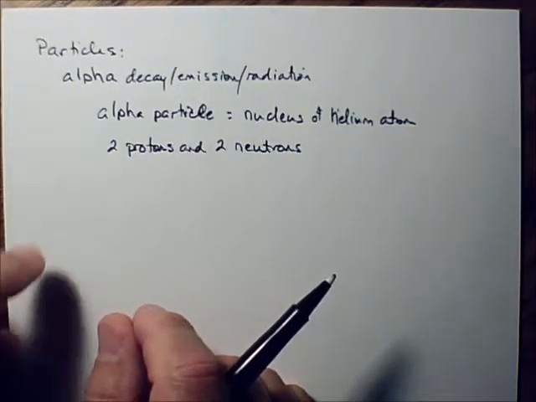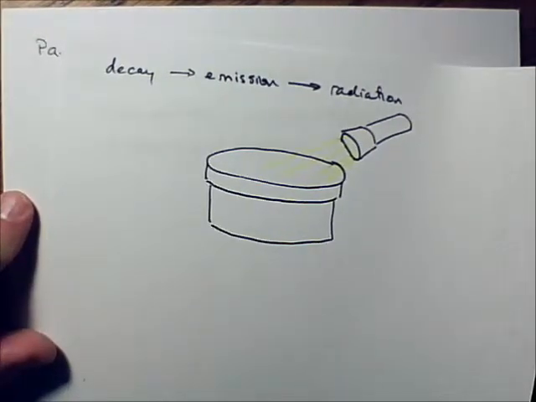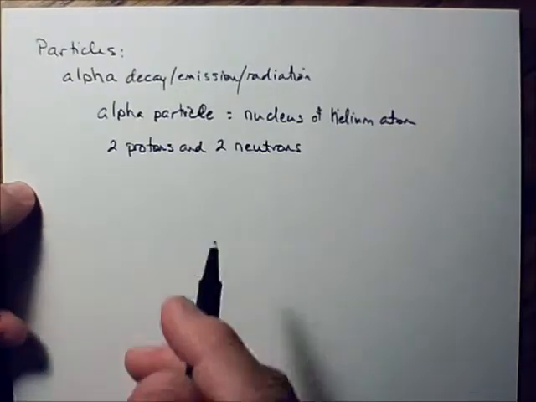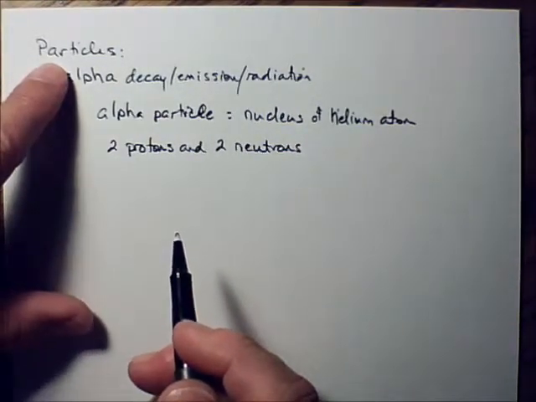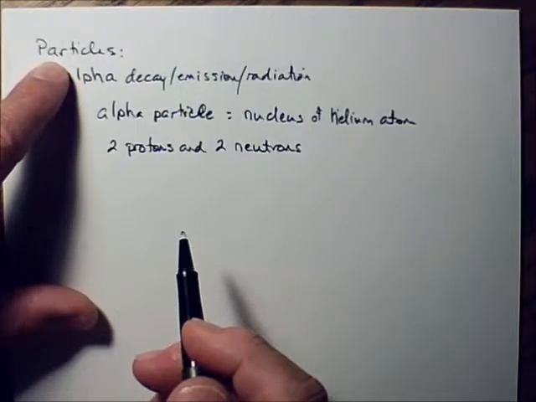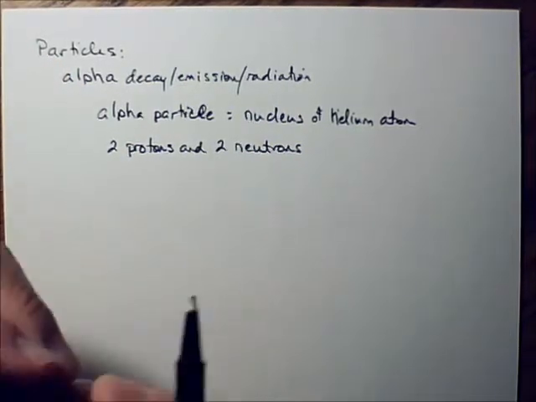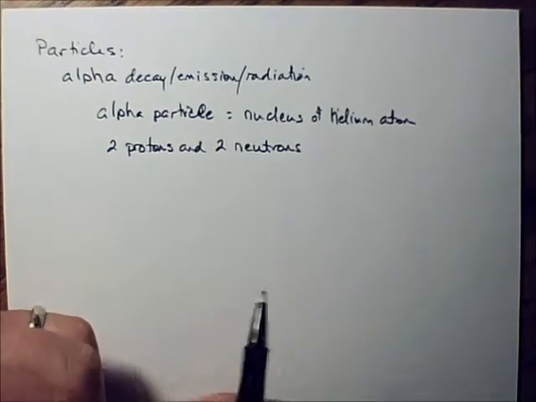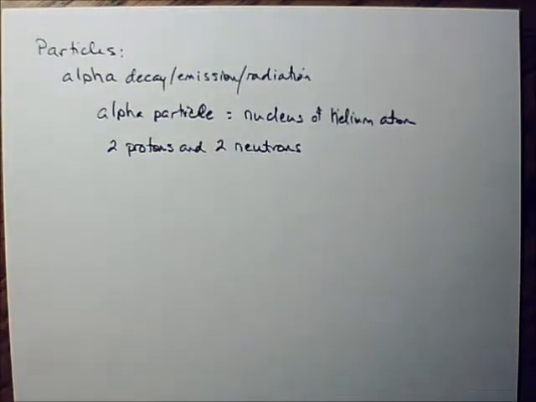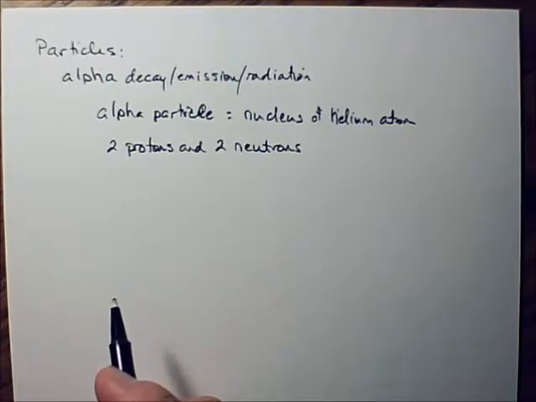Remember, we're talking about decay, emission, radiation. The particles are what's coming out. The decay is occurring because these particles are breaking out. The emission is when they leave. Radiation is when they leave the atom or the whole structure of the material. It's the biggest but least dangerous.